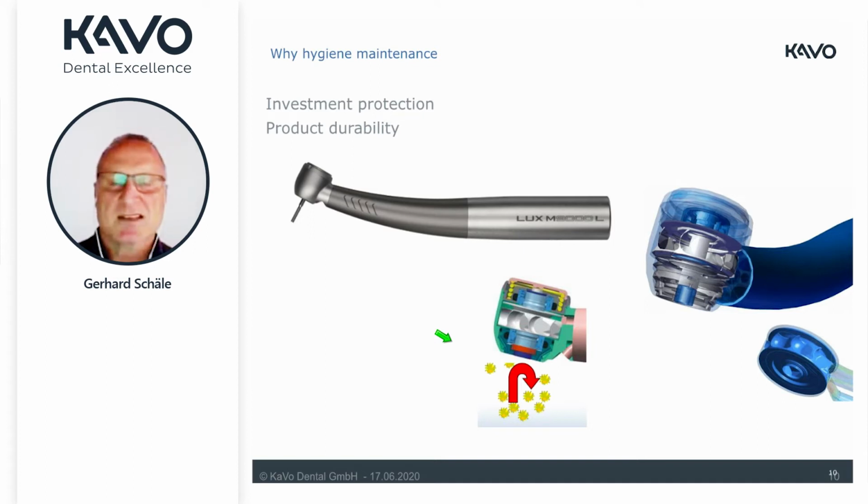The fewer particles get inside, the longer the lifetime. And the third effect is that the chuck, the holding system of the turbines, will not be influenced by stuck parts in the locking system.